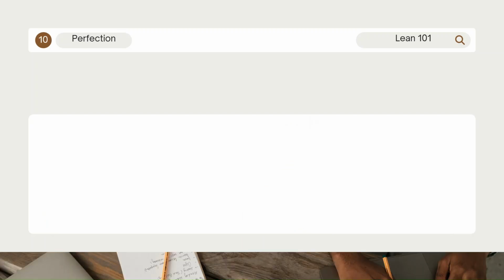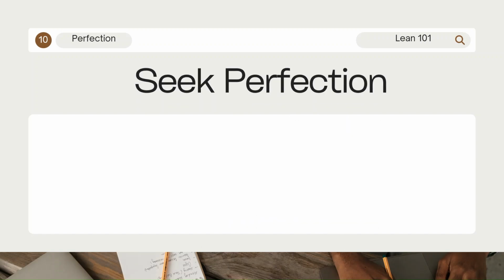Now let's go to the next slide and understand perfection, or seek perfection. Continuously improve through small changes. In industries, a small change is known as Kaizen.